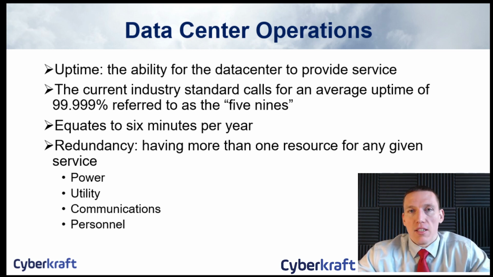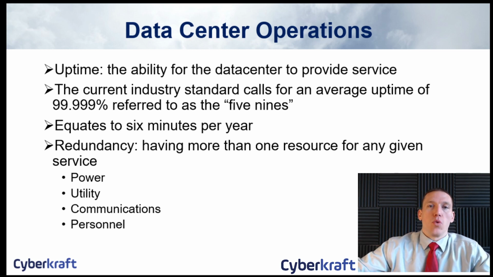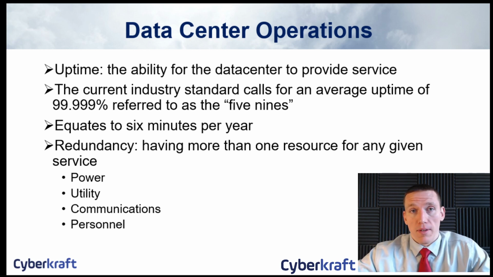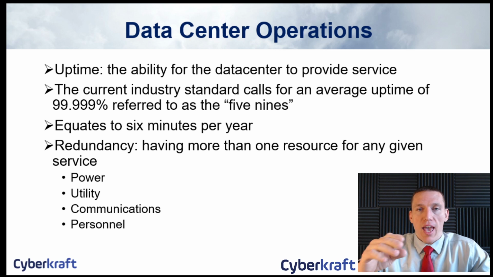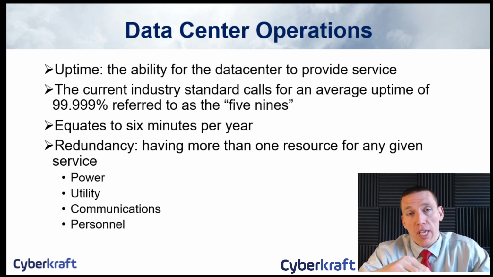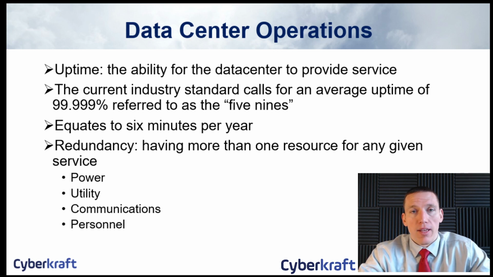You're also going to need communication redundancy. So if phone lines go out or if internet connectivity goes out, the ability for the data center to provide connectivity to its clients and to those it serves needs to be maintained. It's a little harder to have redundancy when it comes to communications or ISPs than it is with power.